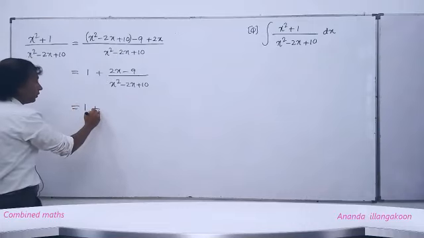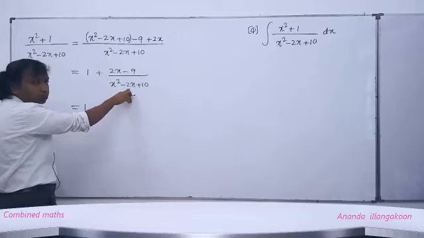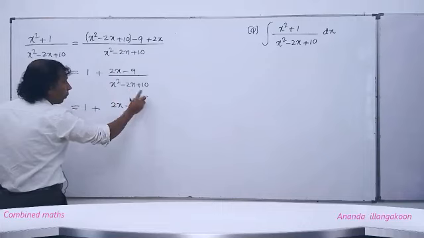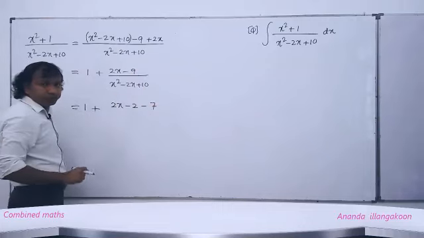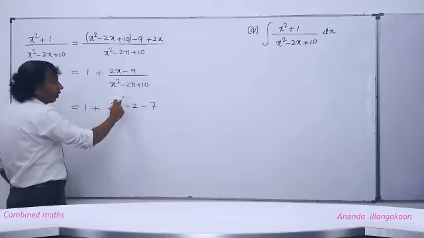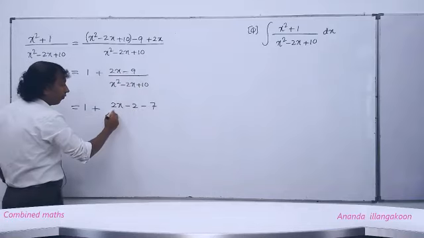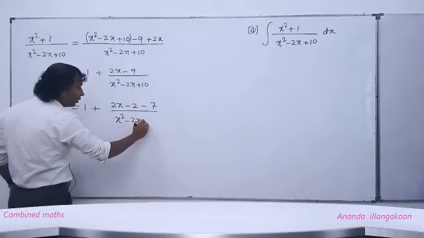1 plus, we have to write the derivative 2x minus 2, no? Then we can write 2x minus 2, this 9 we write minus 7 minus 2, correct, no? This 2x minus 9 we write 2x minus 2 minus 7. Minus 2 minus 7 is minus 9. This is coming, divided by x squared minus 2x plus 10.